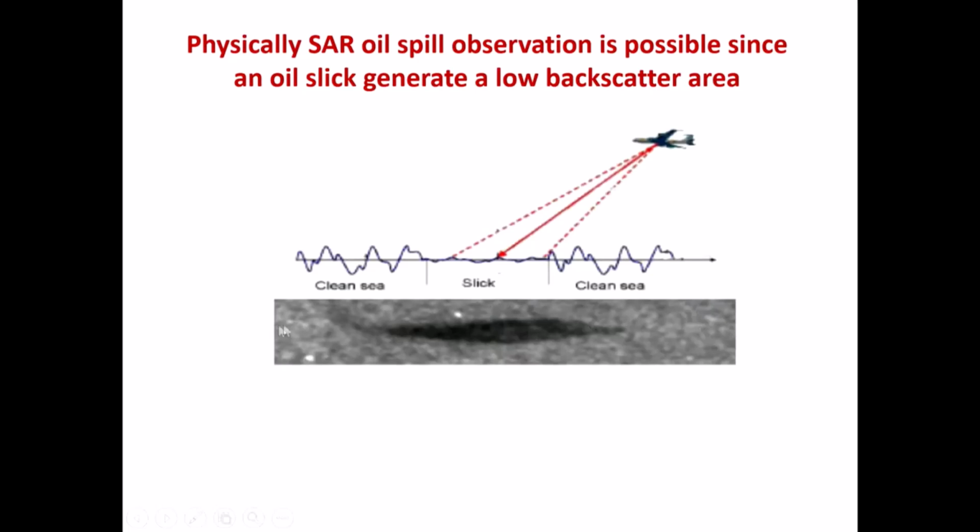All around you will have some backscattering, and only where the oil slick is there will you not get any backscattering. So the final product will be a dark patch where the slick is.